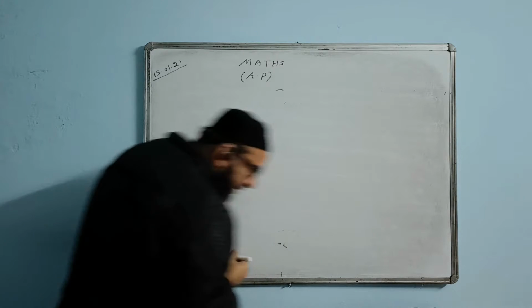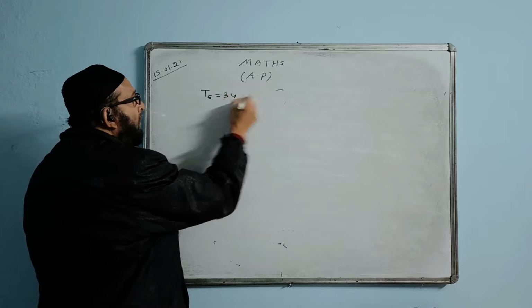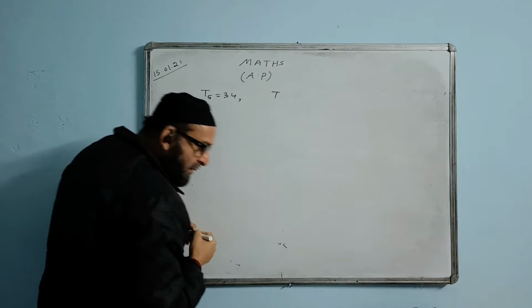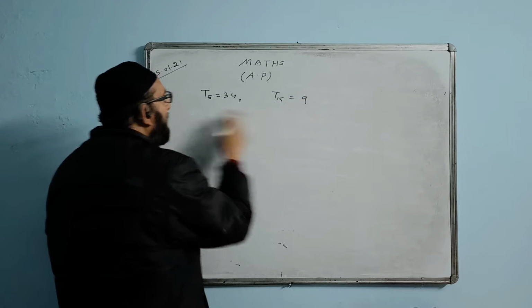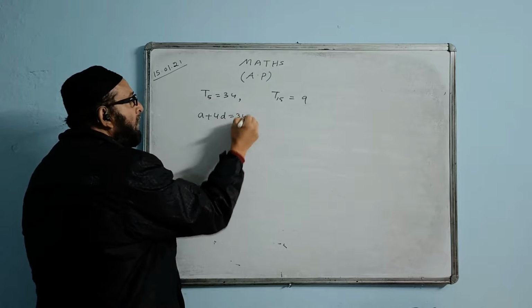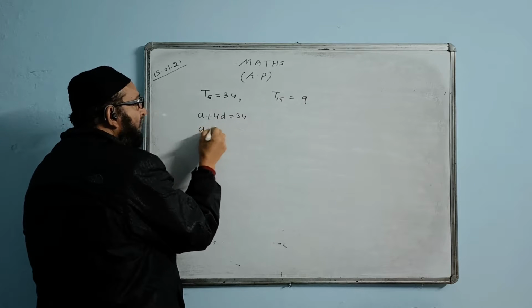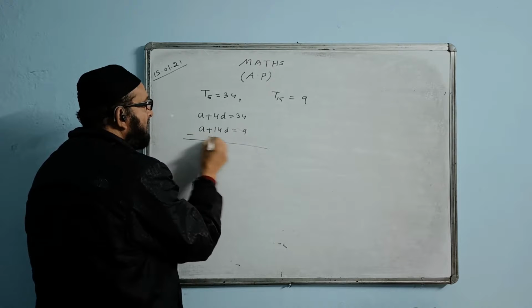They are saying the fifth term of an AP is 34, so T5 is 34. The 15th term is 9, T15 is 9. How do you write the T5 formula? a plus 4d, you know directly. T15: a plus 14d is equal to 9. Change the sign: minus, minus, minus.